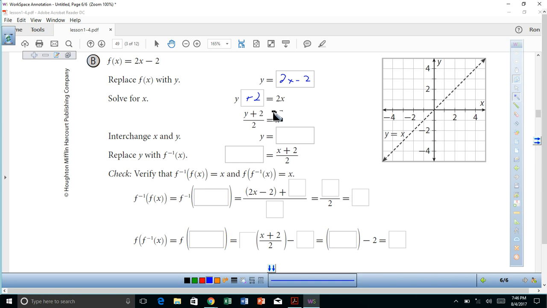And then we're going to divide both sides by 2. So we got y plus 2 over 2 equals x. Now we're going to interchange x and y. So we'll put the y where the x is and x where the y is. So we got y equals x plus 2 over 2. Replace y with the inverse of f of x. So with the symbol, the inverse of f of x equals x plus 2 over 2.